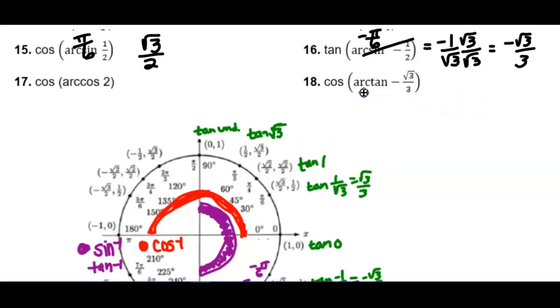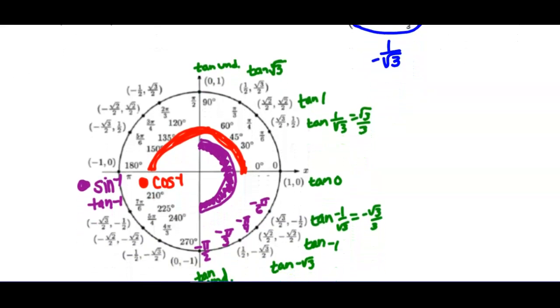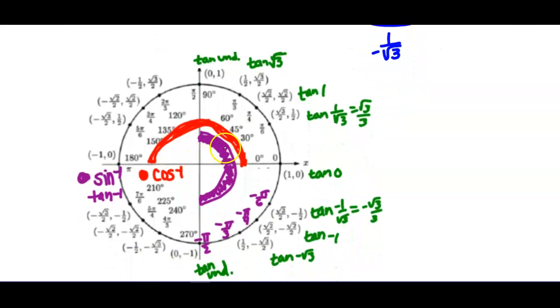All right, this is the trick one, because it's going backwards. The arctangent first, and it's very hard to find if you're not used to this, but this is a y over an x that looked like this, but it was negative. The inverse tangent is purple, so it's in these two quadrants.